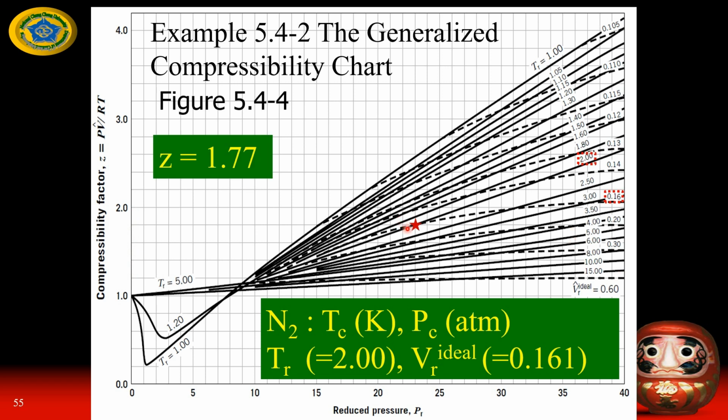The textbook tells us the answer is 1.77. So when you have your final exam, if you got Z is 1.8, you are okay. But if you tell me Z is 3.0, of course this is not correct. If you tell me the answer is 1.8, 1.82, 1.7, that's okay. Okay, good.